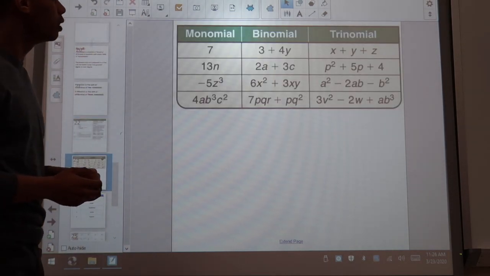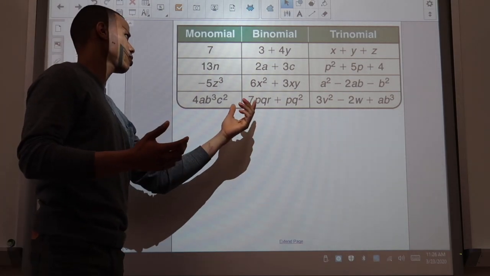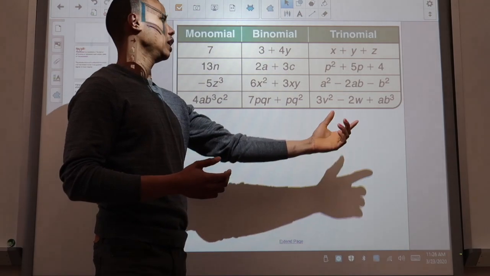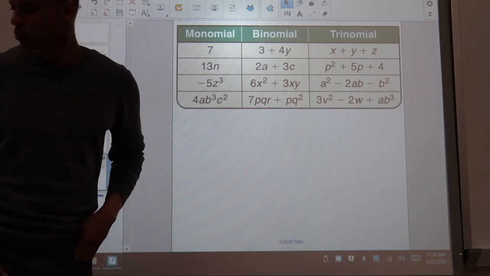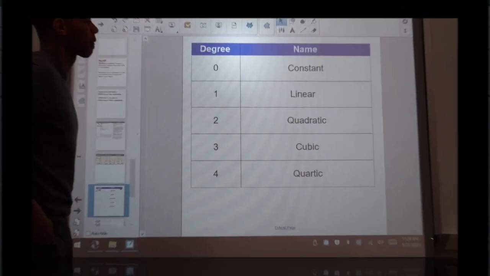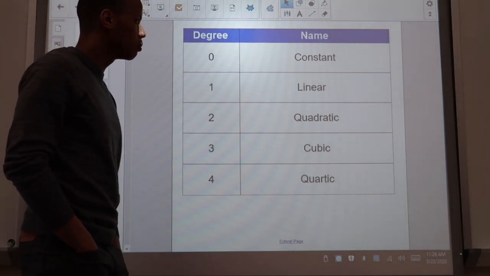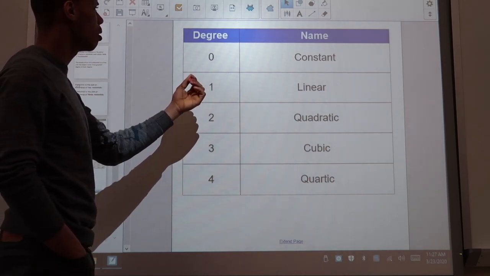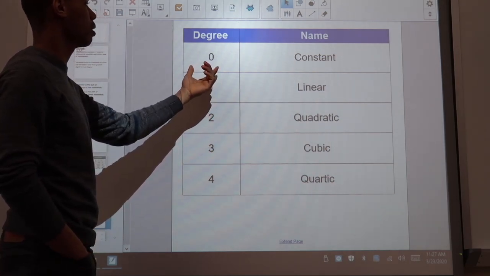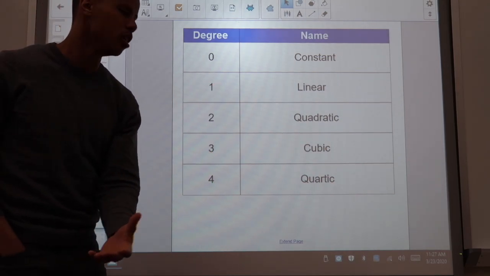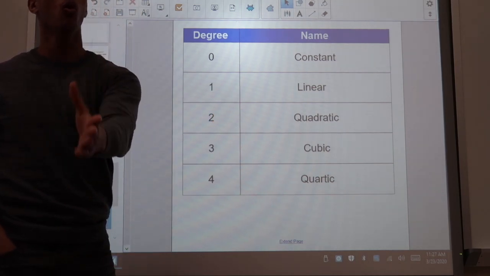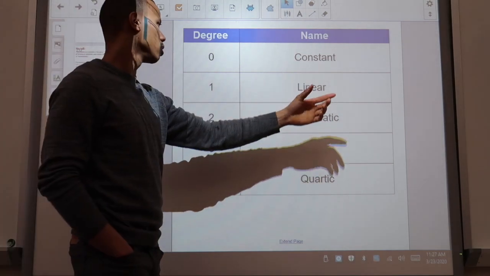And then for the next one, we have different examples of a monomial, binomial, and trinomial. Then think about the degree of the polynomials, which is the power. If the power is 0, so x to the 0 power, which should be 1, that is a constant.